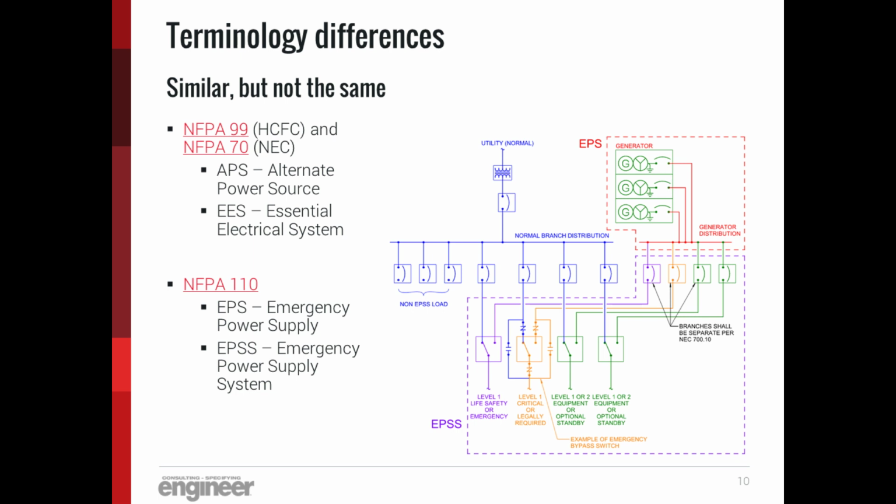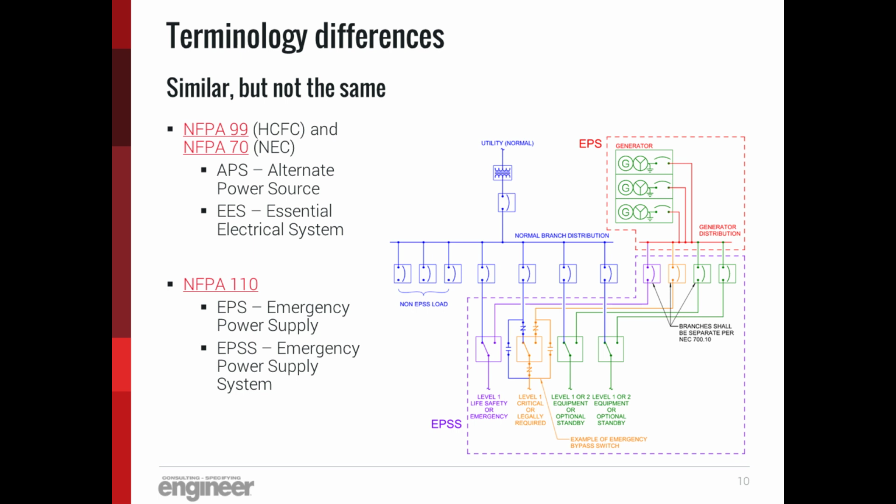In some cases, if a healthcare facility, particularly governed by NFPA 99, is connected to its own generator system or a local generator system, when it occurs most frequently in large cities with a large number of healthcare facilities near one another, in those cases, the local generator can be considered to be the main power source for one or more healthcare facilities. It's not frequent, but it is an acceptable approach.